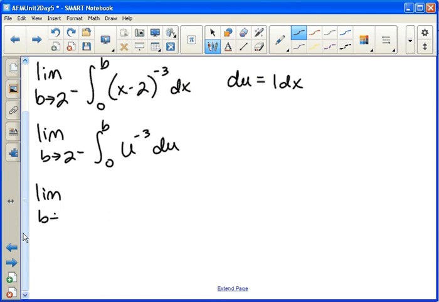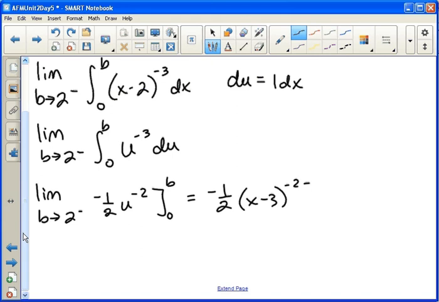We get negative 1/2 u to the negative 2. So that's going to end up being negative 1/2 x minus 2 to the negative 2. I'm going to go ahead and plug in the b.